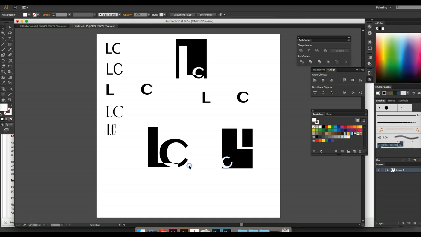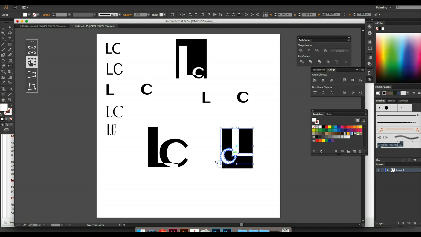Do you guys have any questions about this? Can you see how it can be fun to play around? So push the boundaries of that positive negative space. Sometimes it's cool when the eye flip-flops and you can't tell if it's looking at the shapes here or it's actually looking at the letter forms.